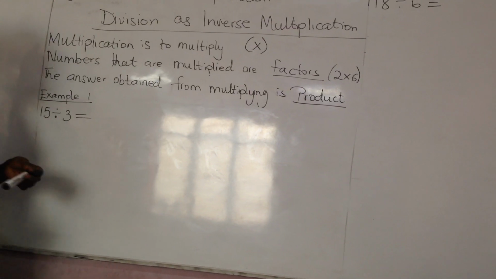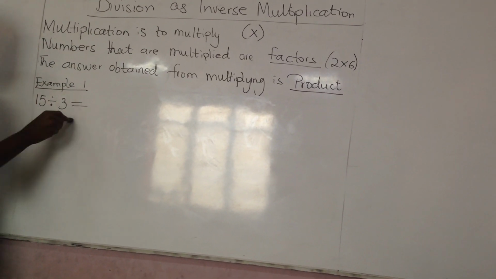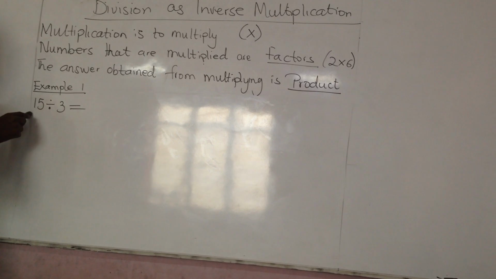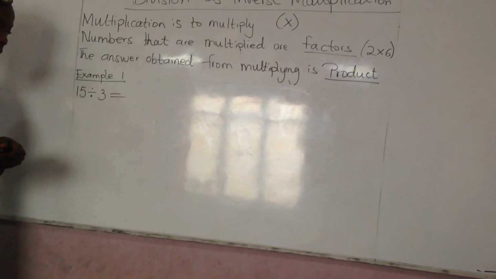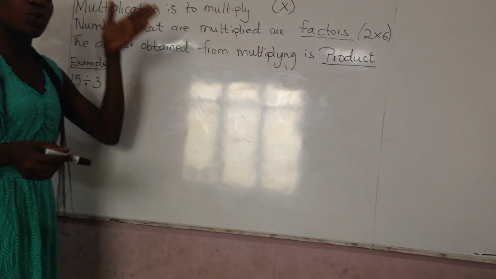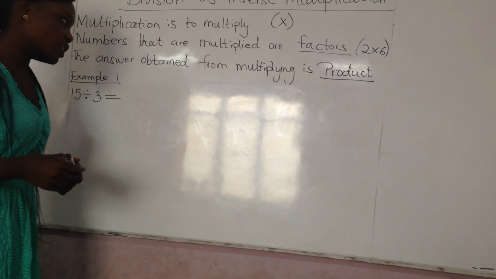Now let's come to the lesson, division as inverse multiplication. Example 1: 15 divided by 3. We are supposed to do it as inverse multiplication.